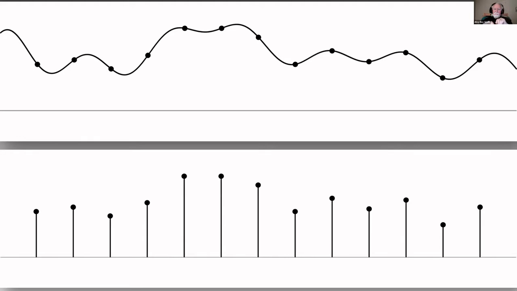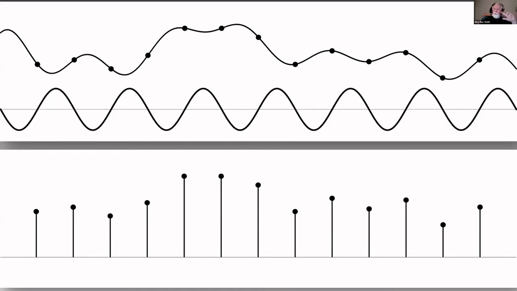In other words, the samples at the bottom of the screen are an exact representation of the continuous signal at the top. How can that possibly be? All right. And just to look ahead a little bit, of course, we call the sample of a two-dimensional function, which is a picture, pixels. That's the definition of a pixel.